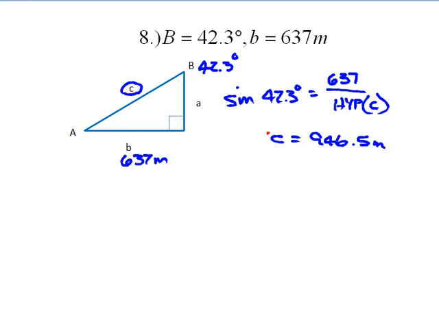Now I'm skipping some steps here because we've done a number of problems now, and you should be familiar with the algebra part, and you should start getting familiar with the opposite over hypotenuse and so forth, what sine is, what cosine is, and what tangent is.